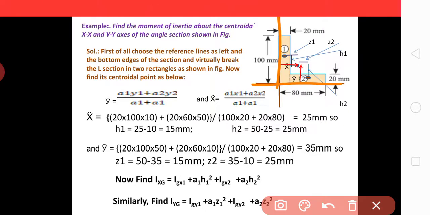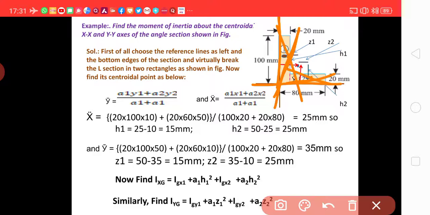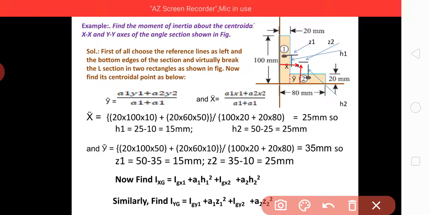We have broken it virtually. Now first find the centroids of these laminas, which are at the cross section of their diagonals. So you cross the diagonals, and these are the brown dots shown here.